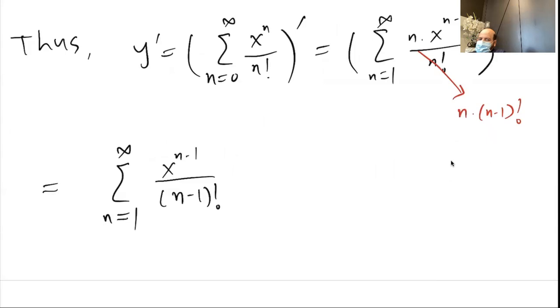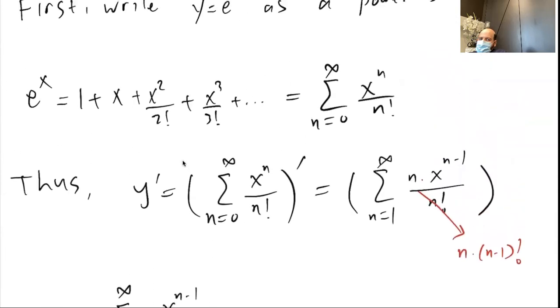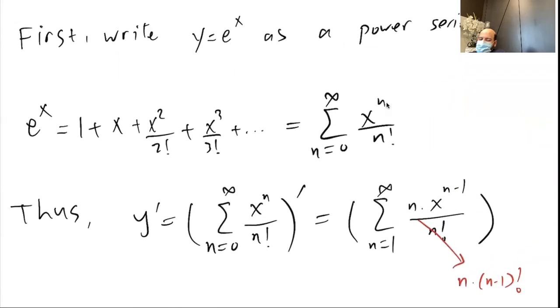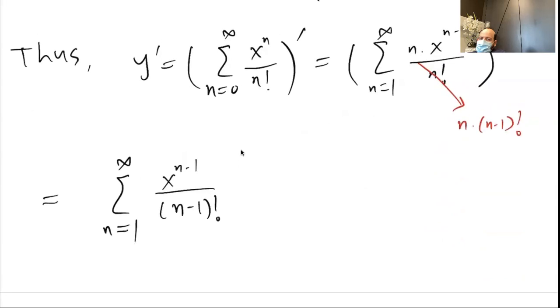And now I can change, because I want this power to be n in order to be able to compare with the original y. In the original y, the power of x was n. So how can I do that? I can change n to n plus 1. So let's do that.